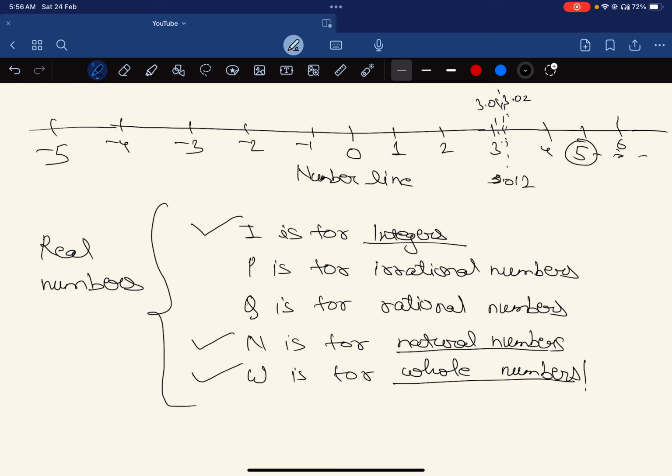So these numbers are really small, but they exist. There exist infinite numbers between 3 and 4. Can you believe that? Okay, let's start with it. What are integers?